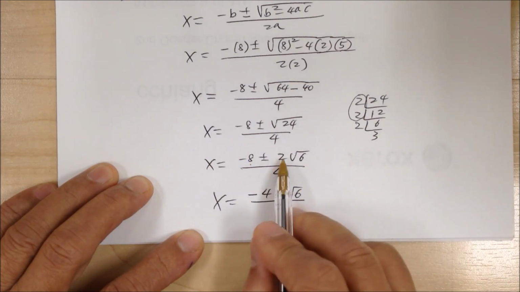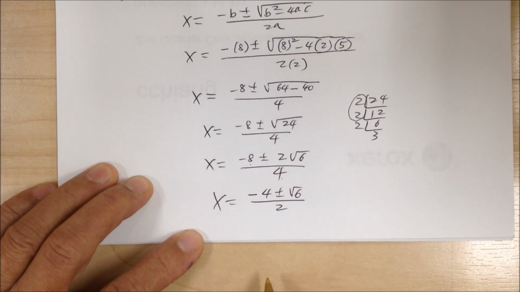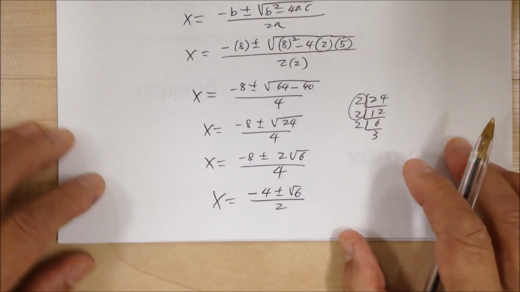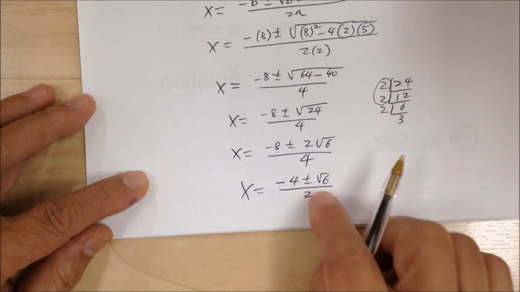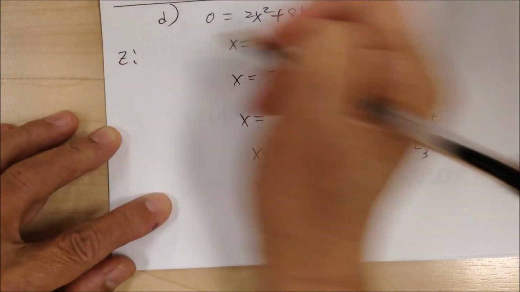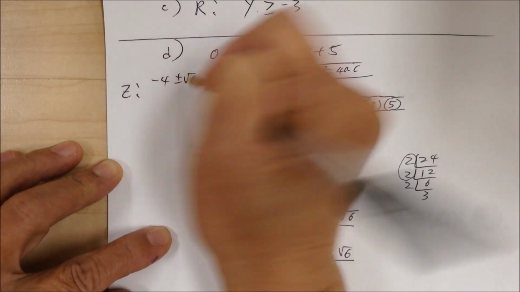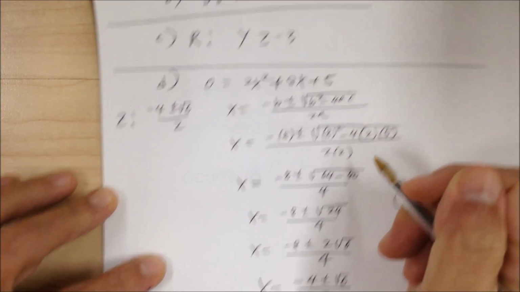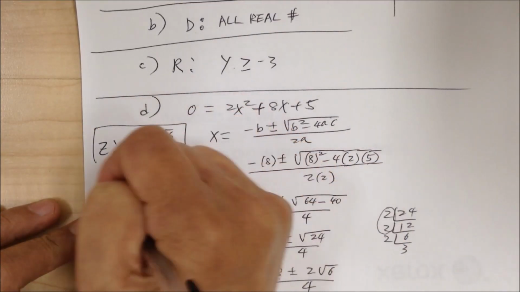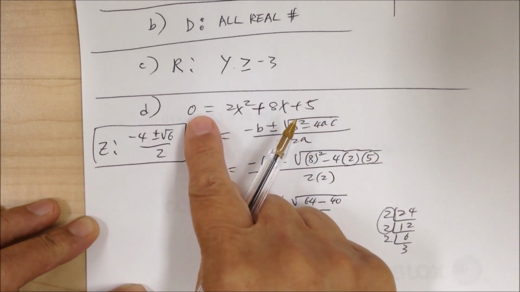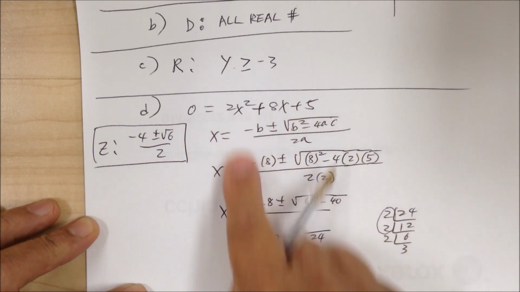Divide this by 2, divide by 2, divide by 2. So from here, this would be your zeros. So your zeros would be negative 4 plus or minus the square root of 6 over 2. Again, to find zeros, you set the function equal to 0 and you just solve for x.